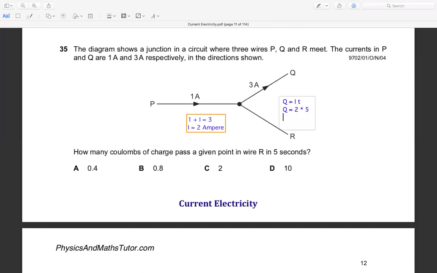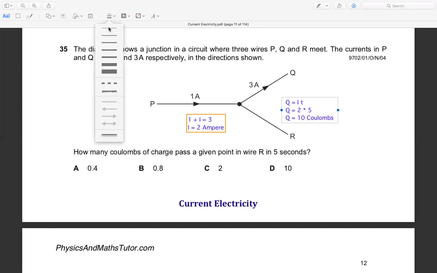So Q equals 10 coulombs. Yes, that's it. Actually, easy, not so difficult.